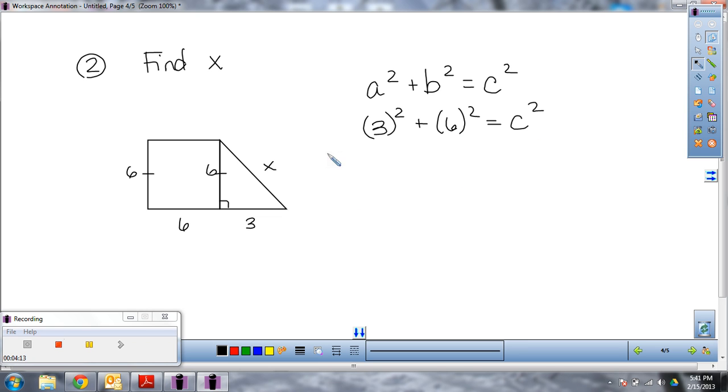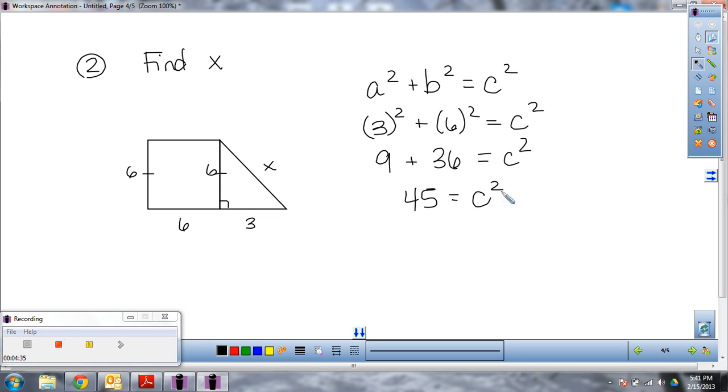And again, I just simplify and solve. I can solve 3 squared to be 9, 6 squared to be 36, equal to c squared. Add the two squares, so 9 plus 36 is 45.